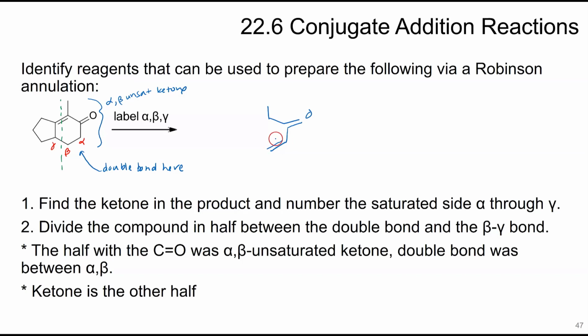So this is the alpha beta unsaturated ketone, or the Michael acceptor that was used, and the other half was the carbonyl. So that's how you would figure that out.